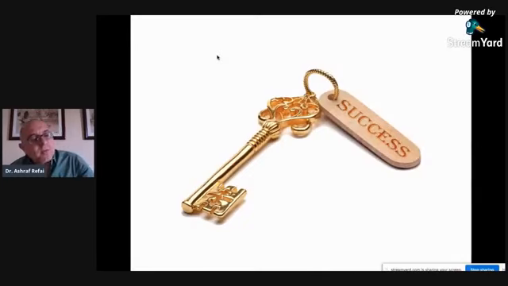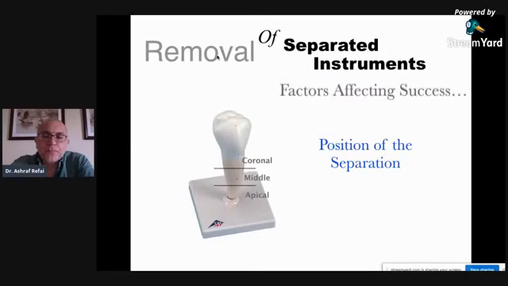All right, so what plays into the success or into the failure of my retrieval attempts? Obviously, the position of the instrument fracture. If it's fractured in the coronal area, it's different than if it's fractured in the middle area or in the apical area. Coronally, you have more dentin lateral to the instrument, and it's much easier to reach.